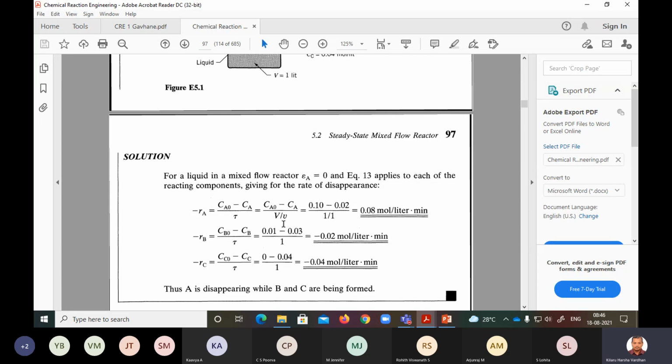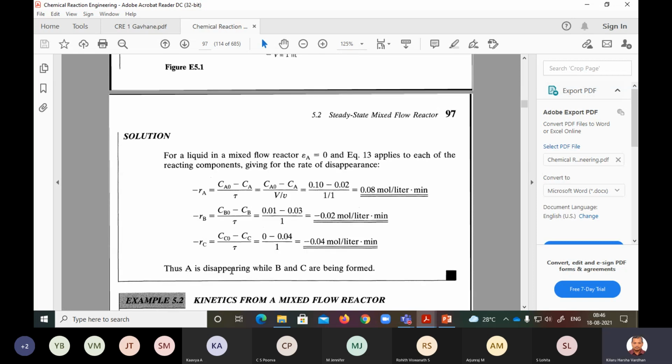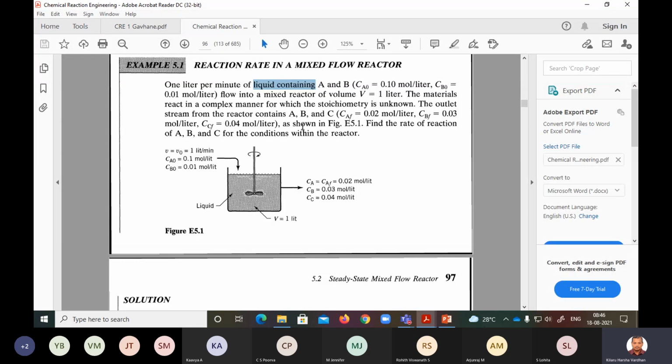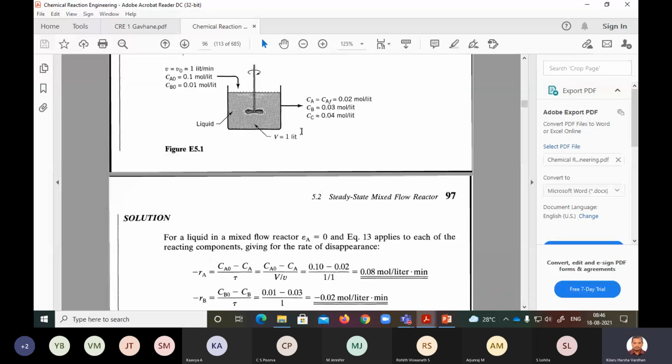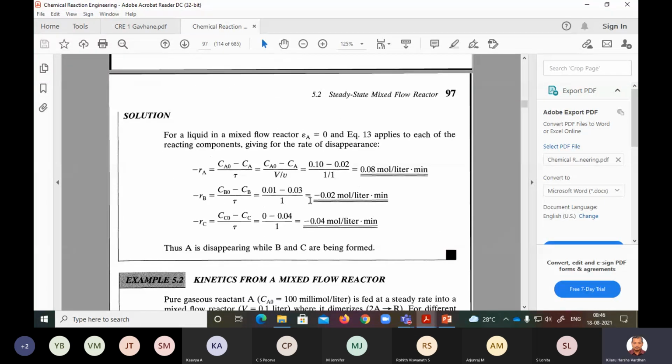Now this minus RA is positive. Minus RB is negative. Minus RC is negative. That means A is disappearing while B and C are being formed, because minus times minus is positive. So the reaction here is A giving you B and C. A is disappearing while B and C are being formed.